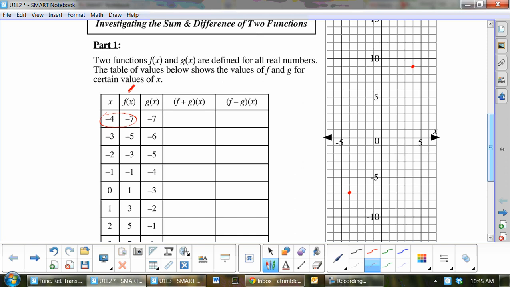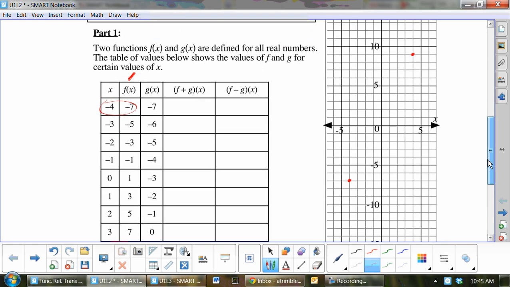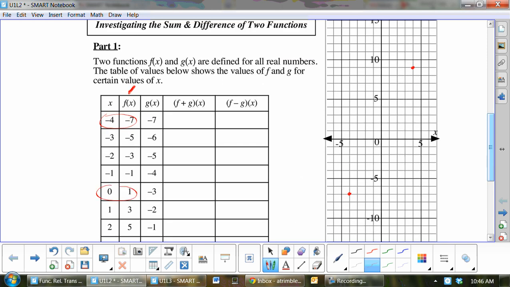Now let's do just a couple in the middle to make sure. That is (0, 1). (0, 1) would be here, right? How about (2, 5)? Okay, (2, 5) is here. So we can see that this is a nice line. So we're going to draw a nice red line.